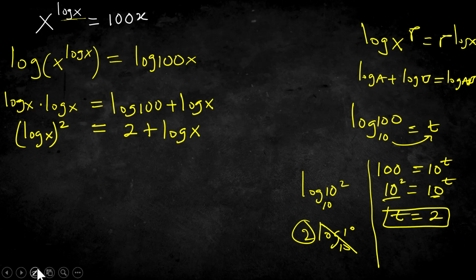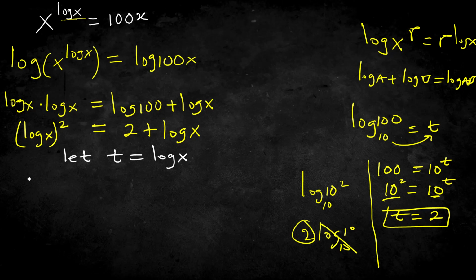Log x times log x will be log x squared. Now let's solve for the equation. Since we have log x here and log x here, let's take it out. Let t be log x. So let's go back and do substitution.